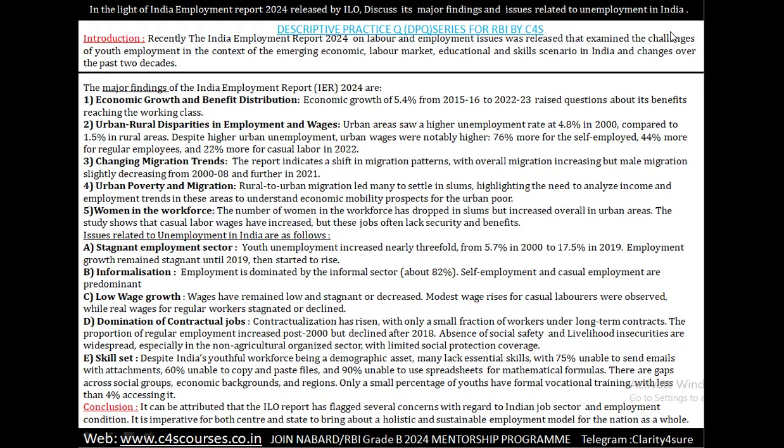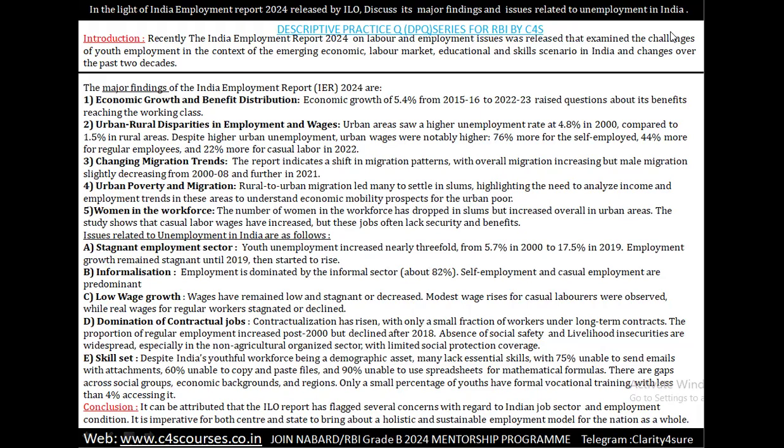The last point talks about women in the workforce. The number of women in the workforce has dropped in slums, but it has increased overall in urban areas. With increasing expansion in education and more skill upgradation happening, women's participation in the job market will also increase.